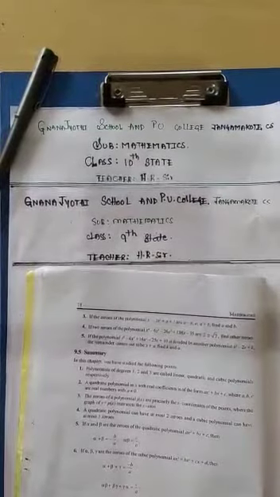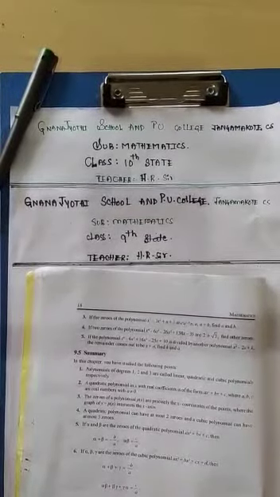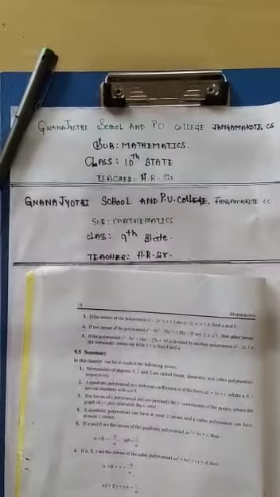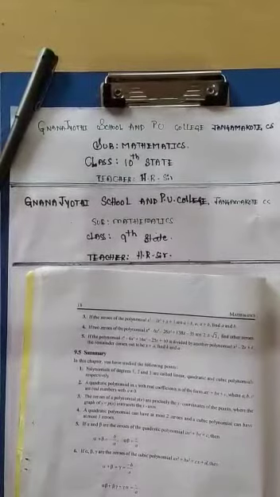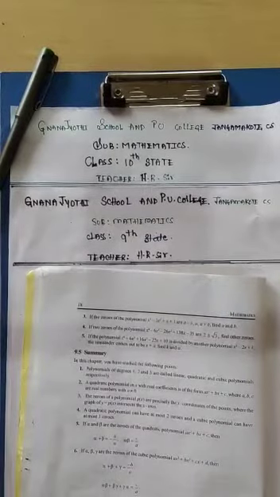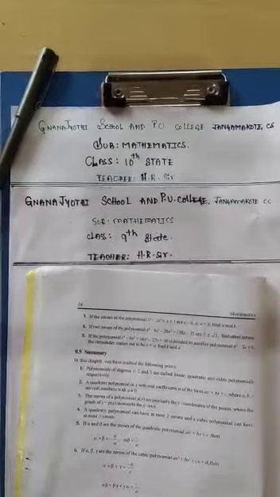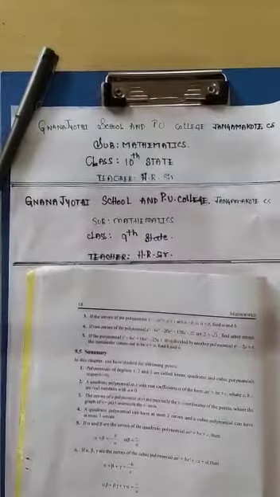A polynomial of degree 1 is called a linear polynomial. A polynomial of degree 2 is known as a quadratic polynomial, and a polynomial of degree 3 is a cubic polynomial, respectively.